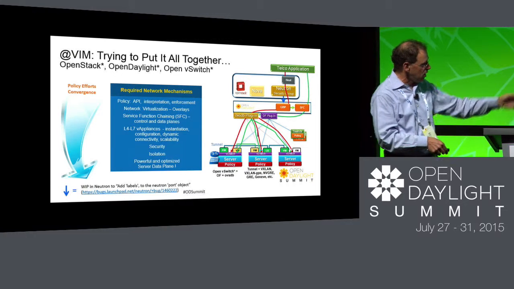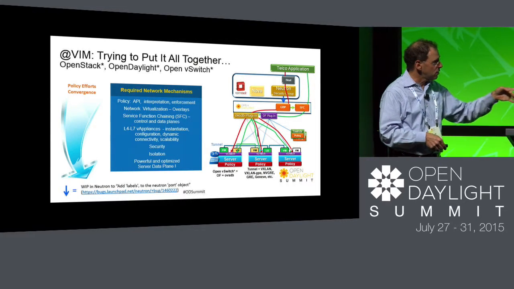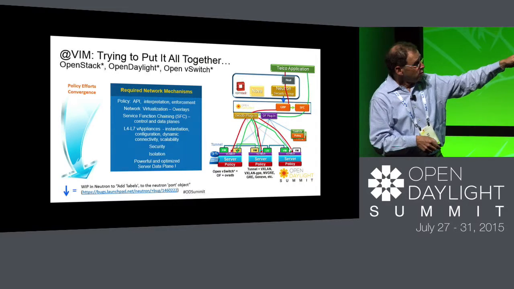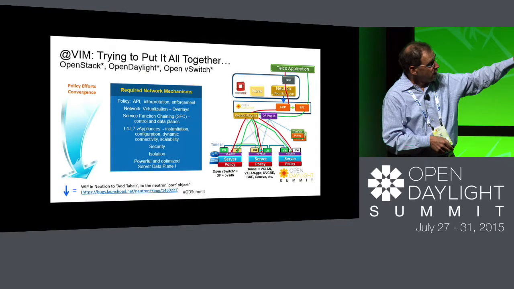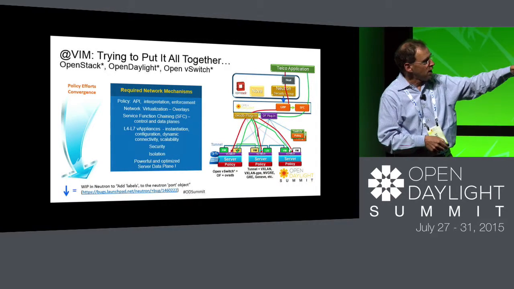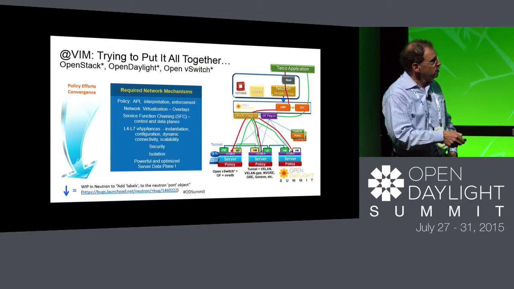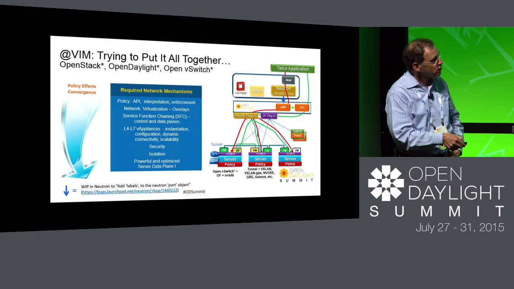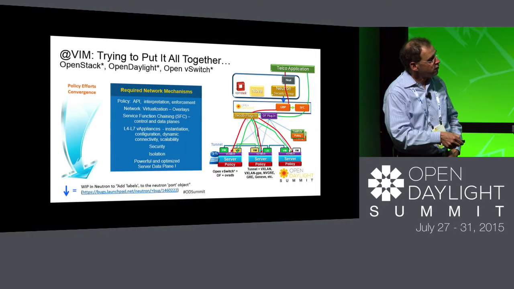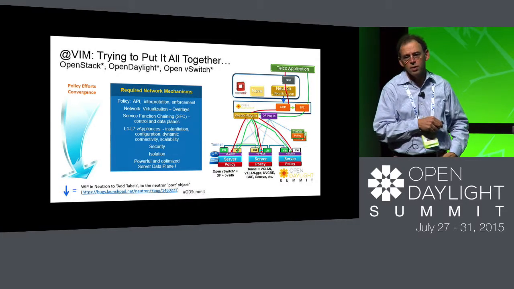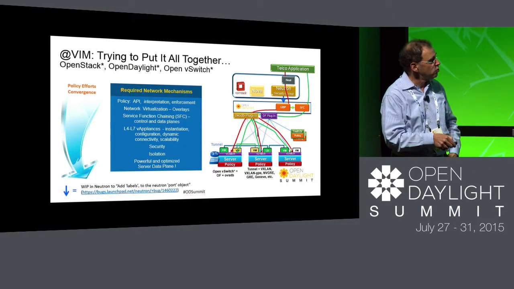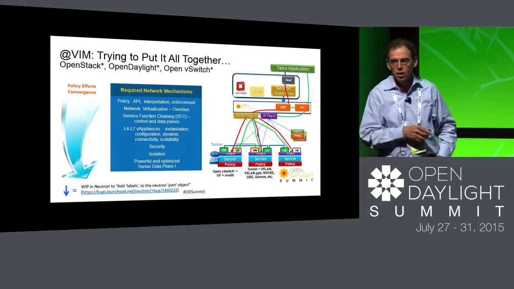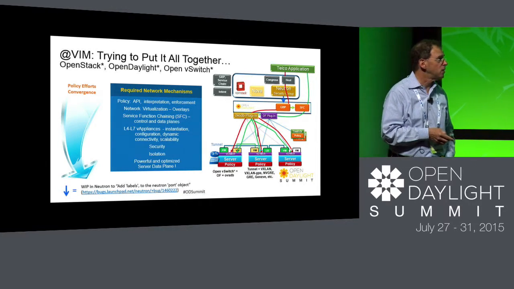I'm pointing here at the bottom to that blue arrow over there that is supposed to create that linkage. I also want to highlight the green arrow over there, which was the new piece that happened in Lithium release that is allowing group-based policy to invoke SFC. So if you come from here and you're using Neutron APIs of OpenDaylight, you could actually work with group-based policy, and group-based policy is going to help you invoke SFC on your behalf.